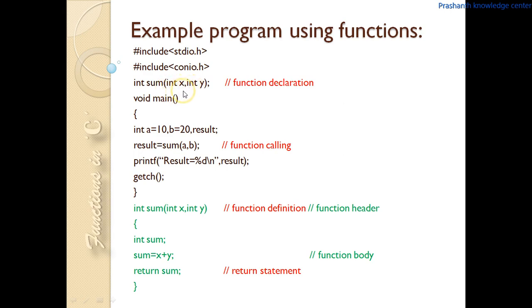The variables which we declare here in the function declaration are called the parameters, and the variables which we give inside the main, that is a and b, are called the arguments. Here x and y are called the parameters and a and b are called the arguments.